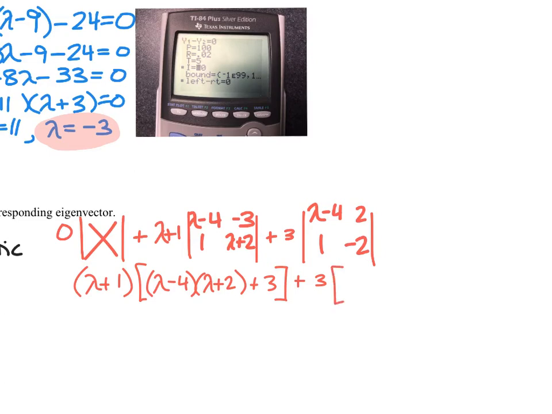Plus 3 times, I'll write the negative 2 in front, lambda minus 4 minus 2. And that whole expression here should be equal to 0.